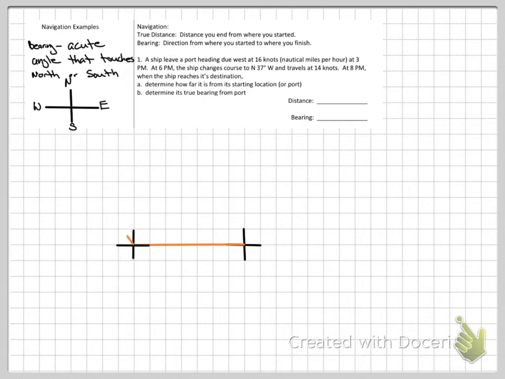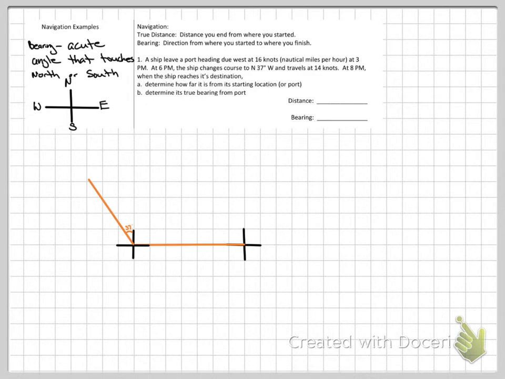So northwest, and the 37 degrees has to touch north and your orange line, right? If you can see my colors, it touches north and the orange line. This is 37 degrees. A bearing always touches north or south. And then that's where my ship stops.